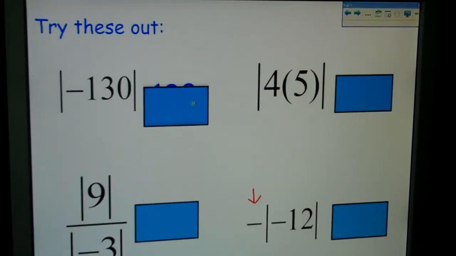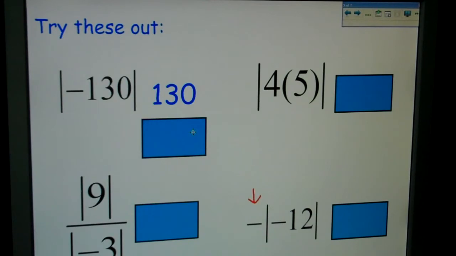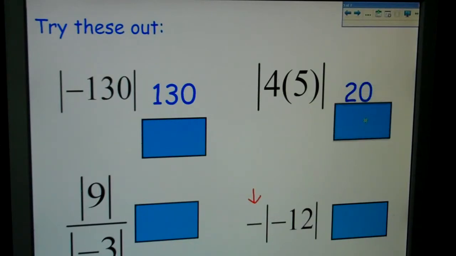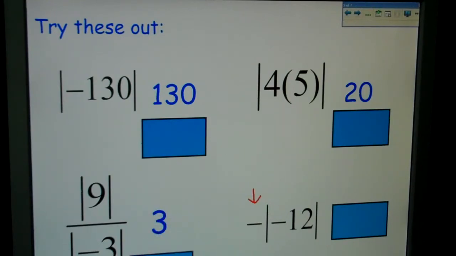All right, absolute value of negative 130. It's just 130. It's 130 spaces from 0. The absolute value of 4 times 5. Well, 4 times 5 is 20, so it's 20. Absolute value of 9, well, that's 9, divided by the absolute value of negative 3, that's 3. 9 divided by 3 is 3.